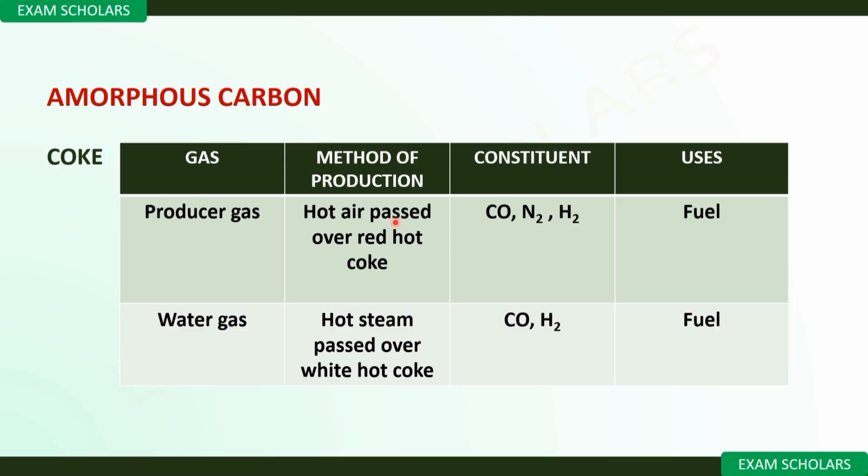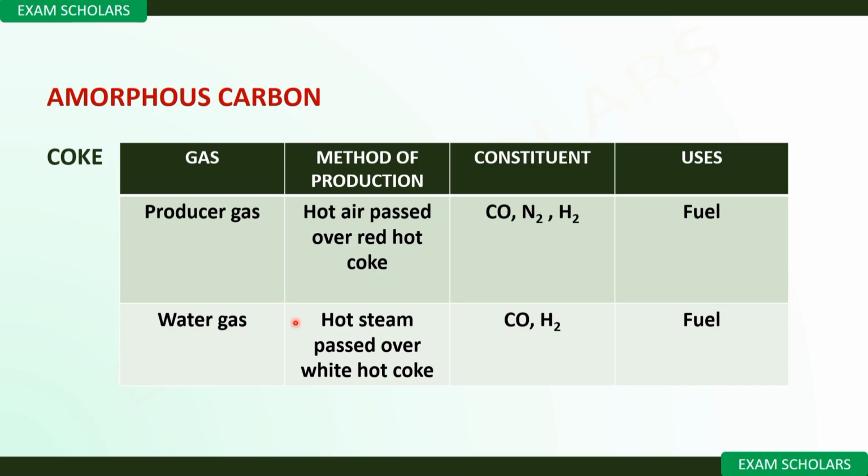When air is passed over it, we are going to get a gas known as producer gas. Producer gas consists of carbon monoxide, nitrogen, and hydrogen, and it can be used as fuel.